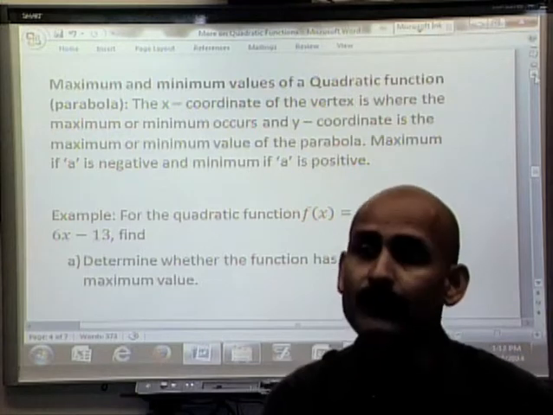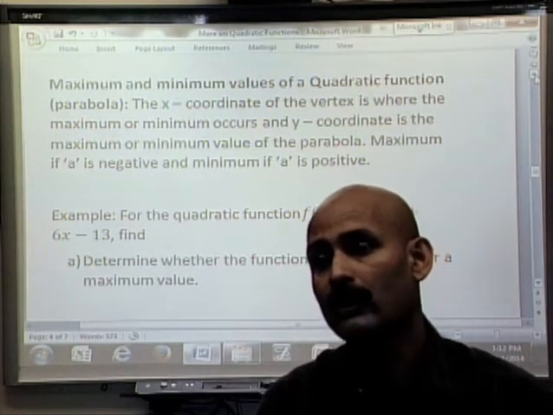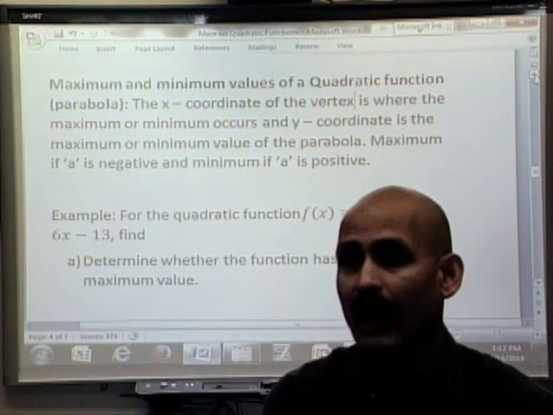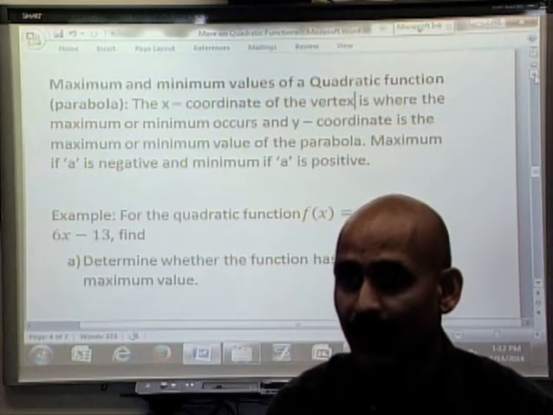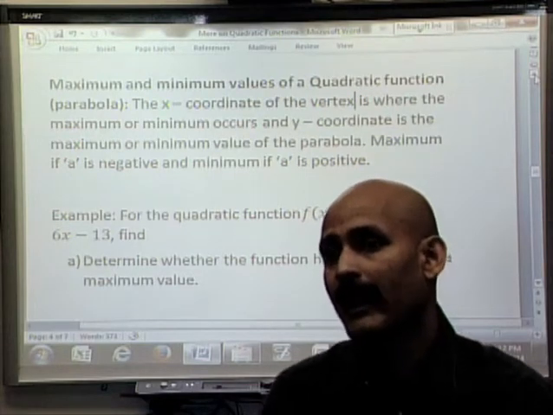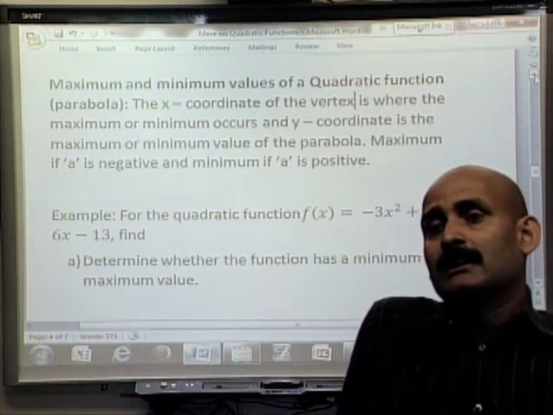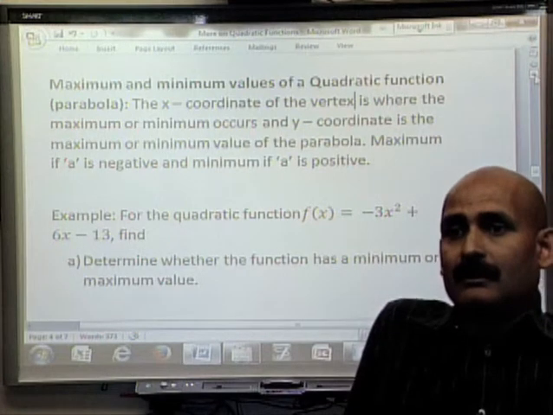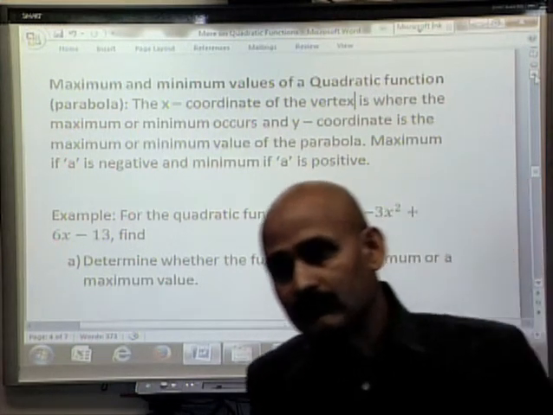We will use our knowledge of finding the vertex of a parabola in finding the maximum or minimum value of a quadratic function, and we will see some applied problems that have to do with the vertex and some other properties of a quadratic function.